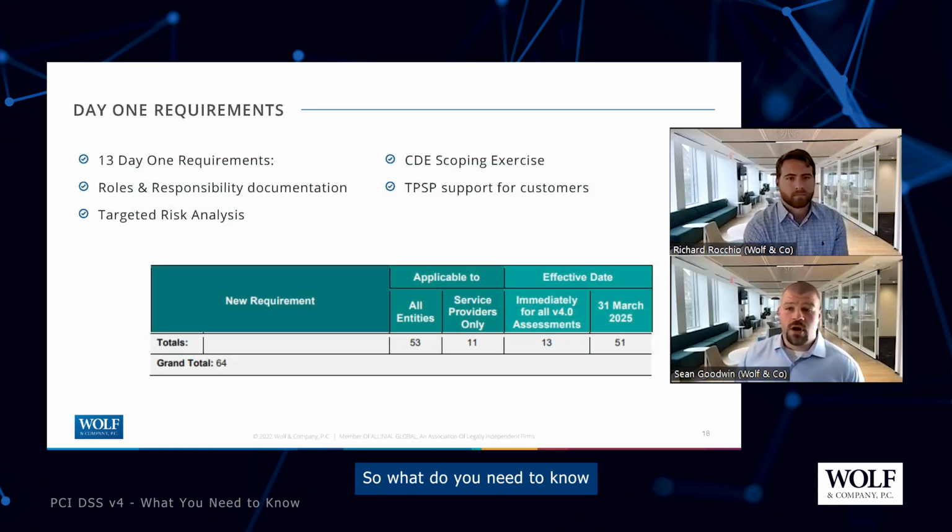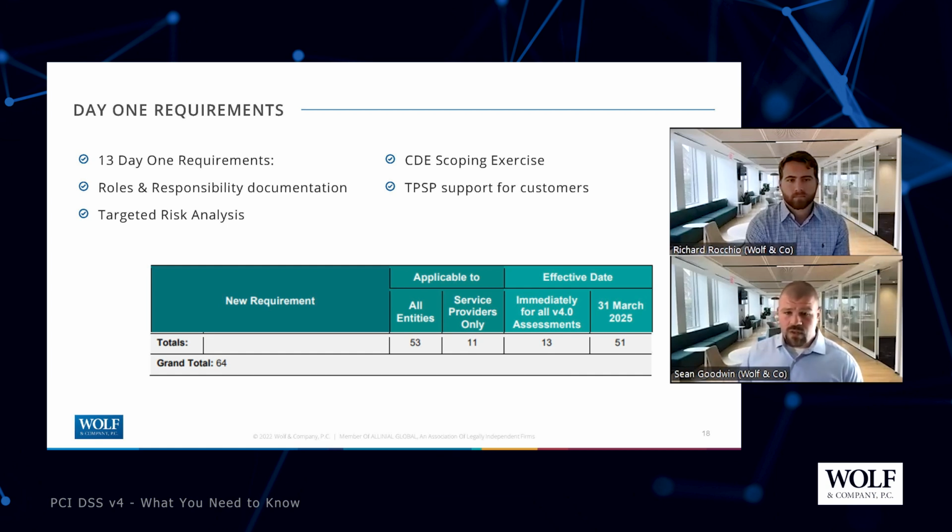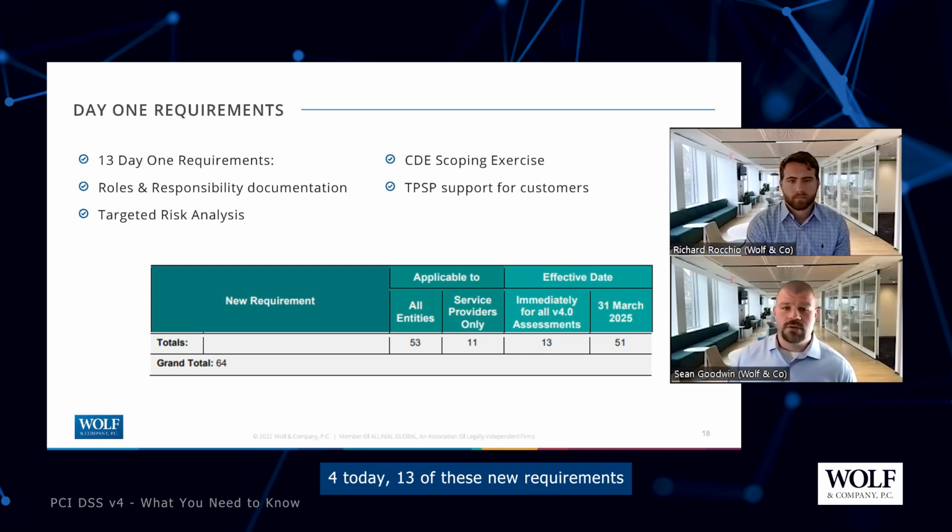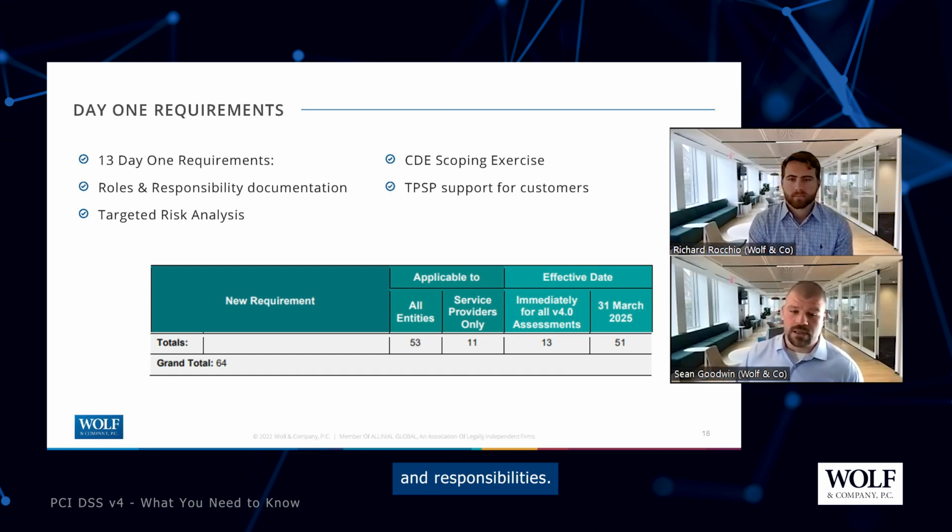So what do you need to know if you're going to issue a version 4 report right now? The first one, there's 13 requirements that are applicable day 1. So if you're going to test version 4 today, 13 of these new requirements are required to be included in that assessment. The good news here is that's largely the documentation around the roles and responsibilities.